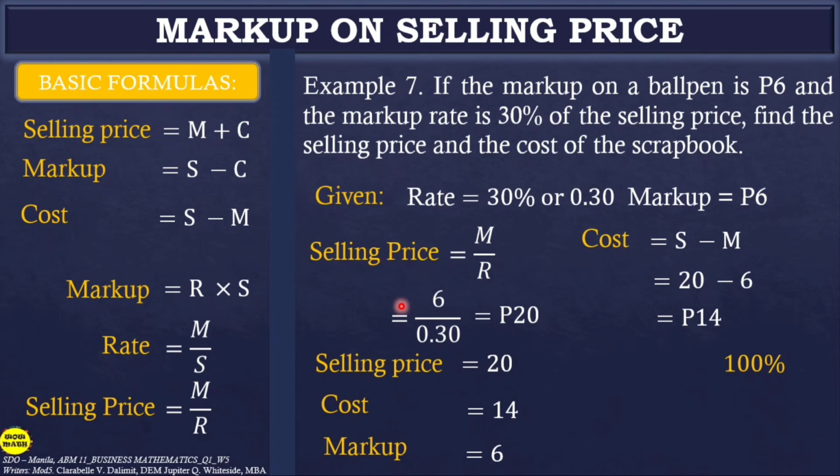So, siya yung 100%. So, kagaya ng ginawa natin, para makuha yung percentage ng cost, 14 divided by 20 times 100, that is 70%. And 6 divided by 20 times 100, that is 30%. So, dapat kapag inadd natin ito, para ma-check natin na tama yung sagot natin, equal dapat ito sa 100%.